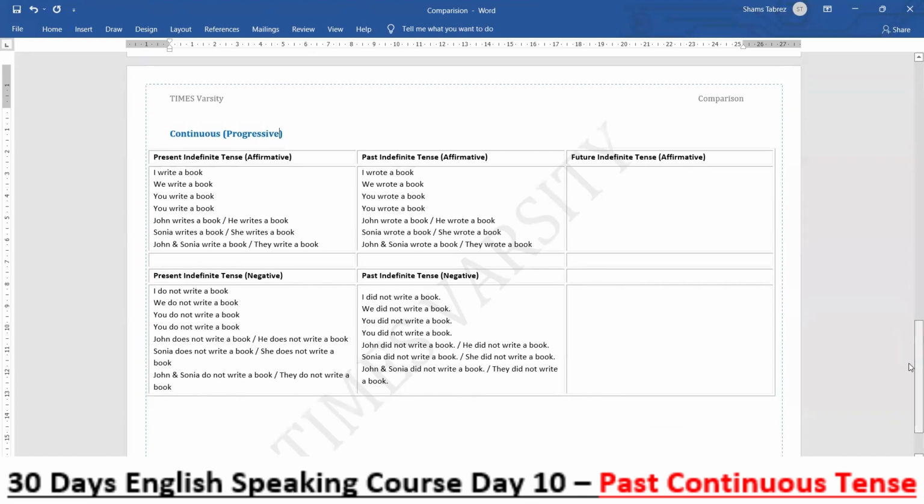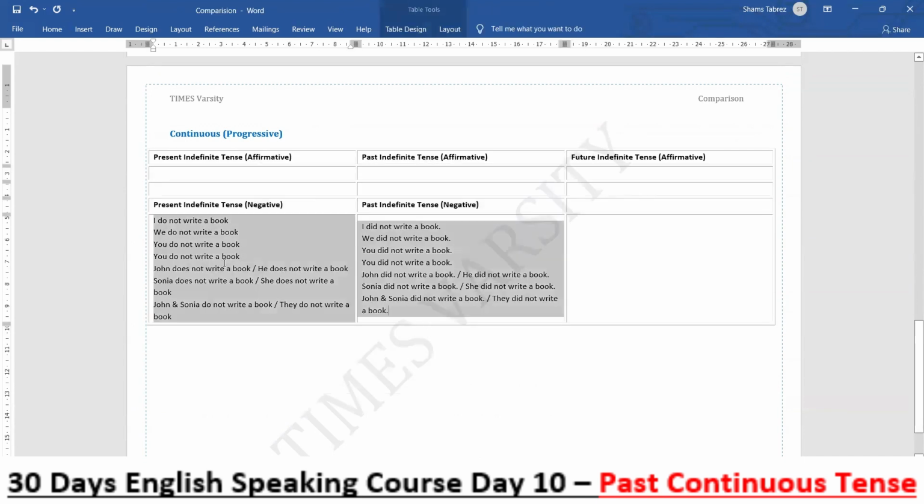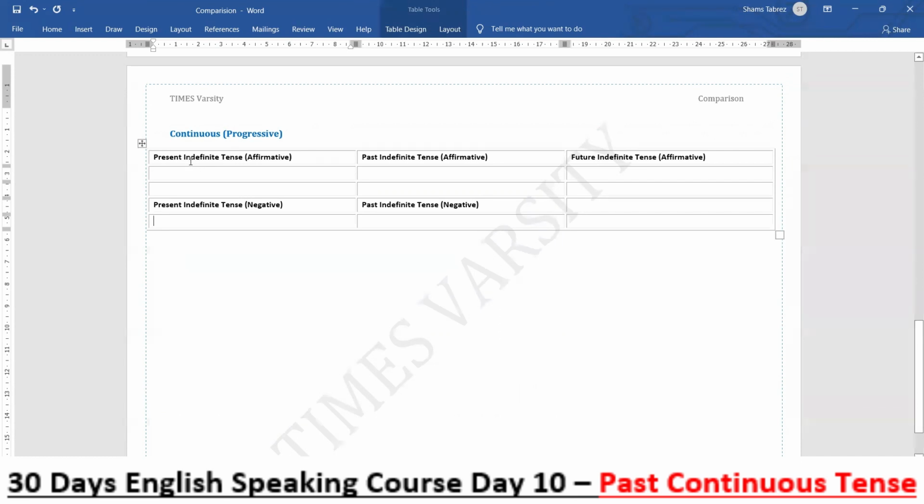Okay, so in this case, present continuous tense, past continuous tense, future continuous tense, present continuous tense negative. So here we will do the comparison.